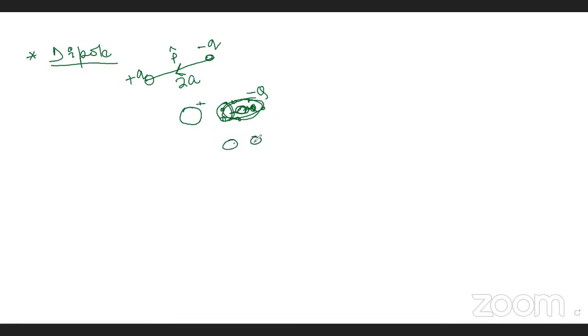So in a dipole the distance between the charges is very small, maybe in the order of micro or angstrom, and the charges are equal in amount, minus q and plus q. Let's say this is minus 10 microcoulomb and this is plus 10 microcoulomb. So the charge amount should be the same and the distance very small.